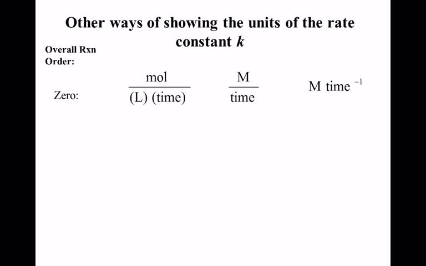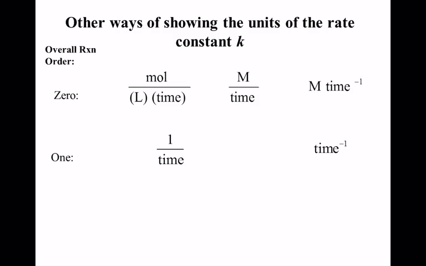This slide, I think, says similar information. So if it's overall reaction order 0, again, then there's nothing to fix, per se. You have no units being introduced by the concentrations of your reactants. And so the units of K will be what the units of rate are, moles per liter per time. Overall first order means that you're introducing one something raised to the first power, basically.